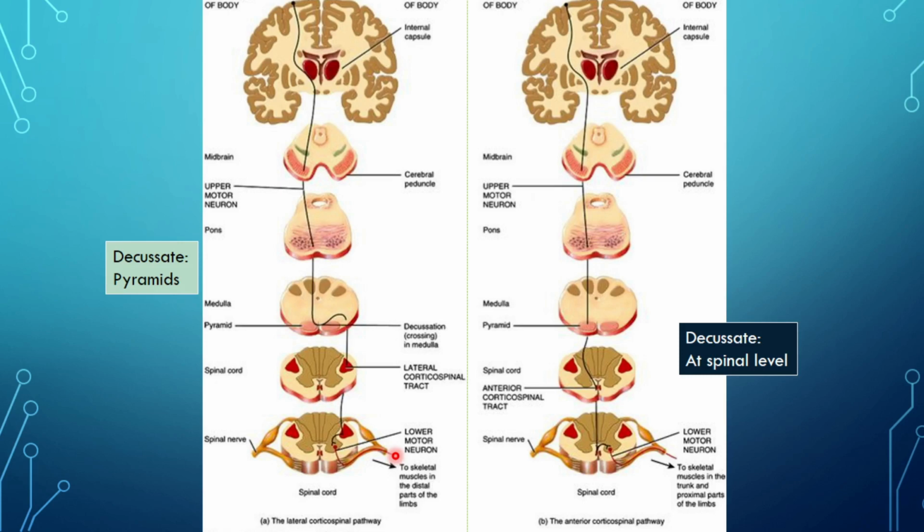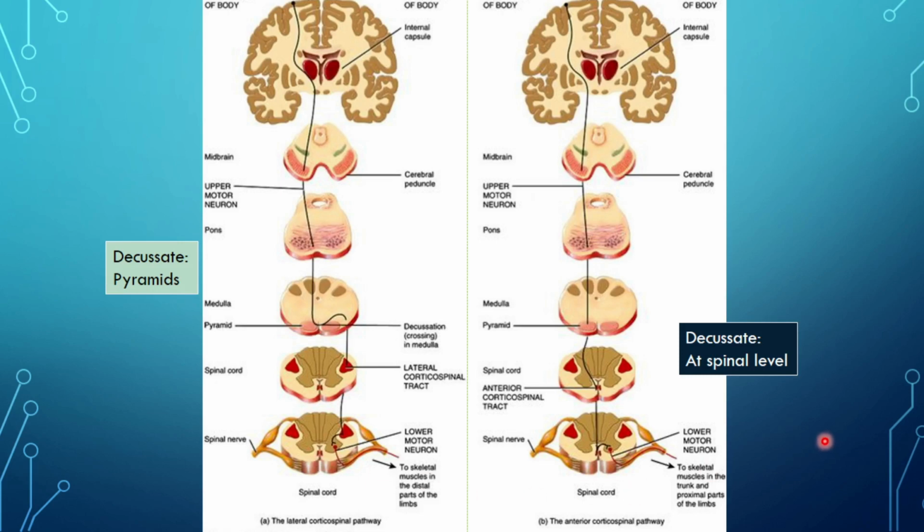They cross at the level of the pyramids within the medulla. And the location of the synapse is in the ventral horn of the spinal cord, at the level at which the spinal nerve is exiting the spinal cord. So that's the lateral corticospinal tract.